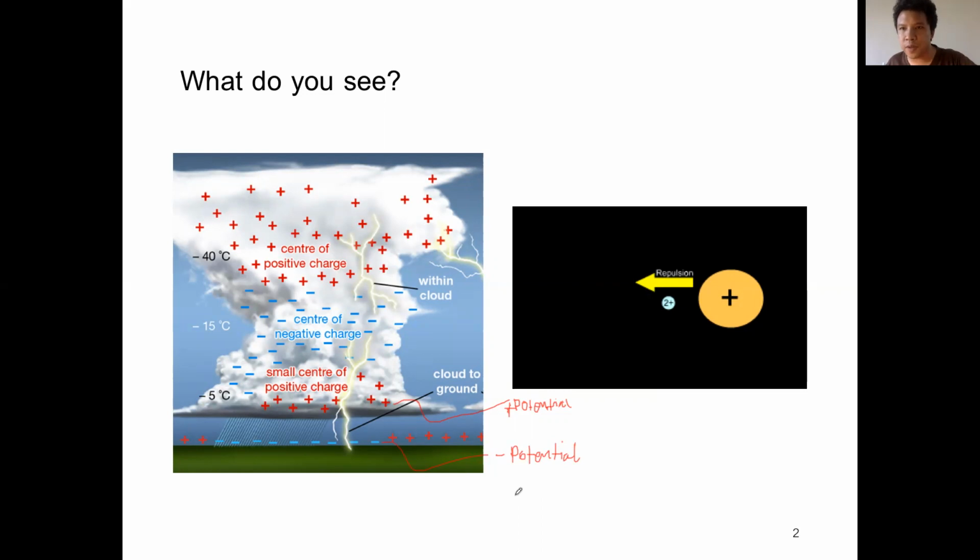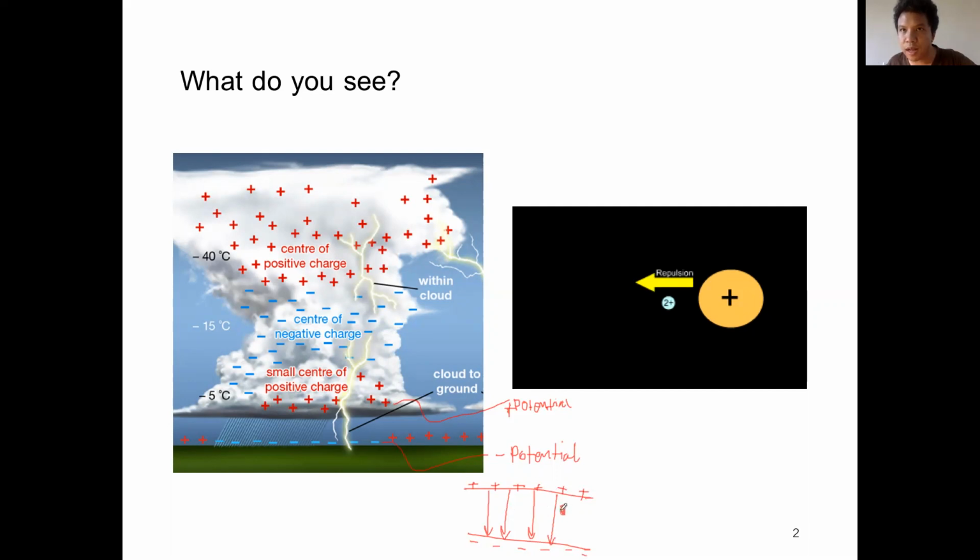It is the same idea as a parallel plate, in which one plate is positively charged and the other plate is negatively charged. There will be an electric field coming from the positive charge and going into the negative charge.